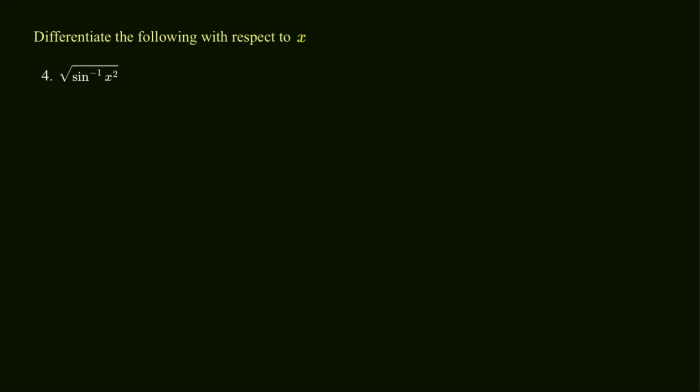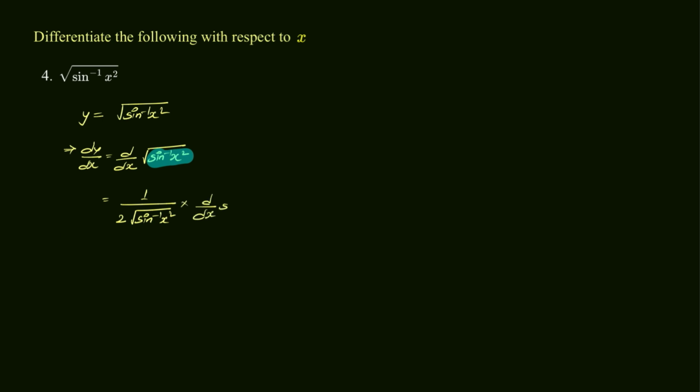Question number 4, let y equal square root of sine inverse of x square. Differentiating both sides with respect to x, then we will have d/dx of root of sine inverse of x square. Considering sine inverse x square as x, this is d/dx of root x, then we will have 1 by 2 root x, that is 1 by 2 root of sine inverse of x square into d/dx of sine inverse x square.